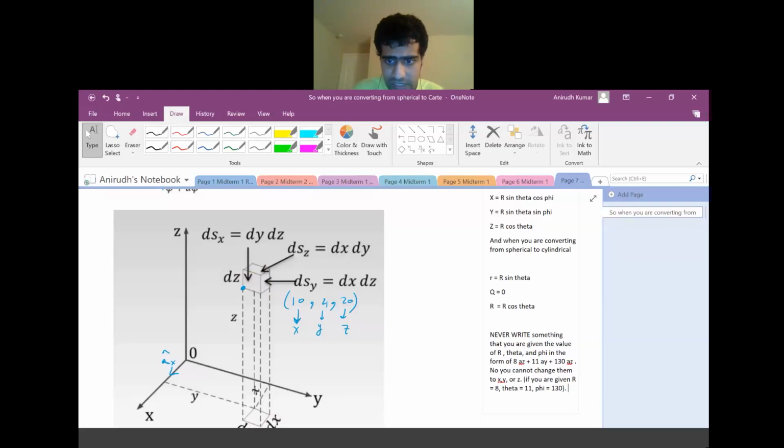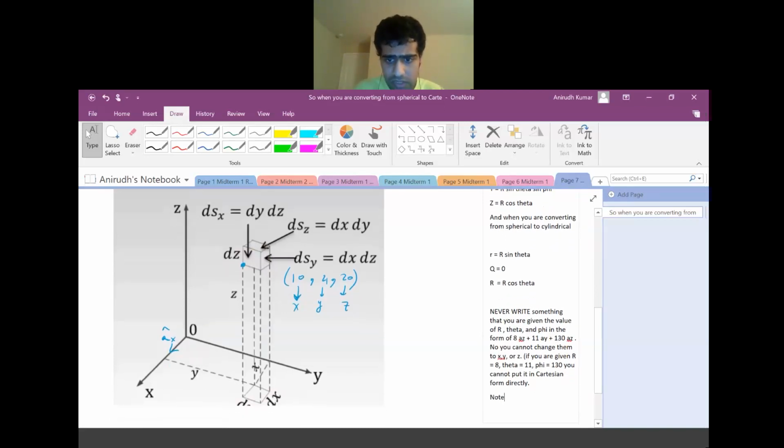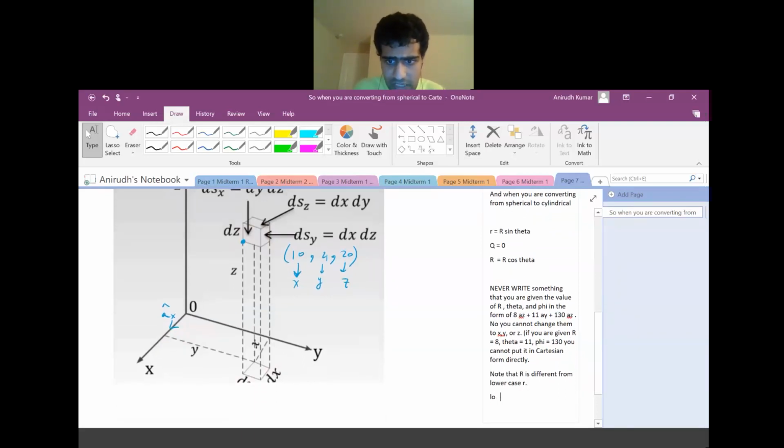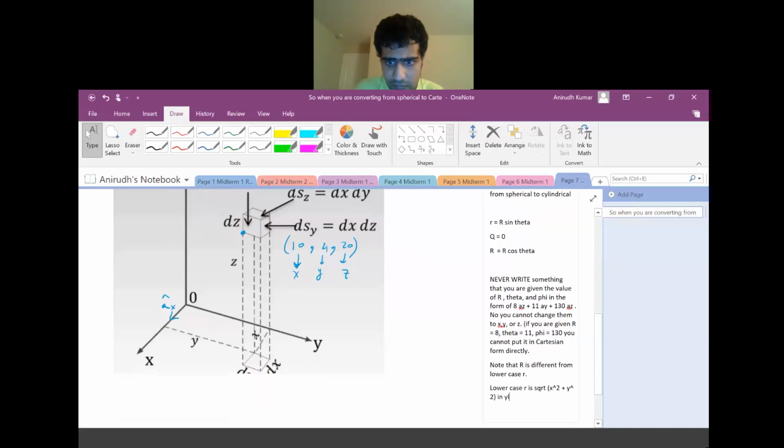But if you're given r equals 8, theta equals 11, and phi equals 130, you cannot put it in Cartesian form directly. Note that capital R is different from lowercase r. Lowercase r is the square root of x squared plus y squared in cylindrical format.